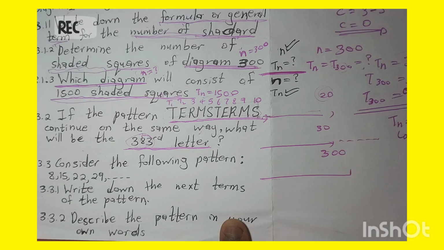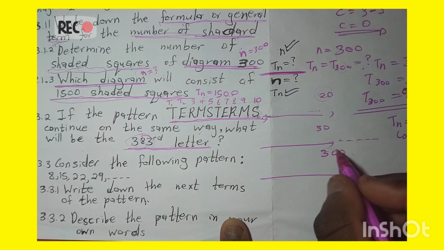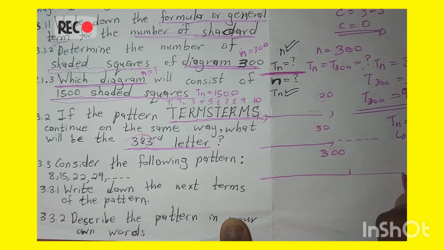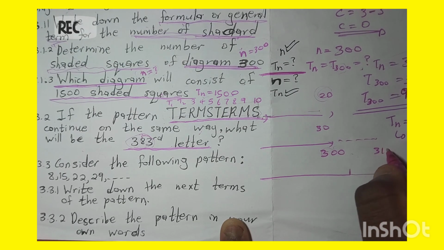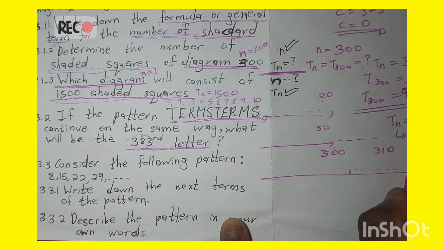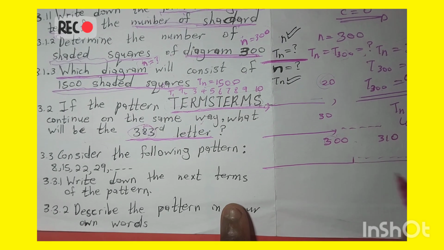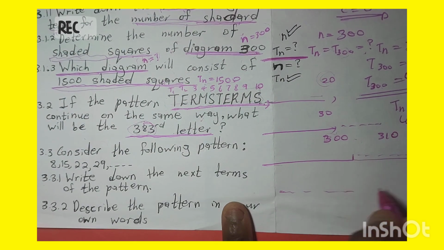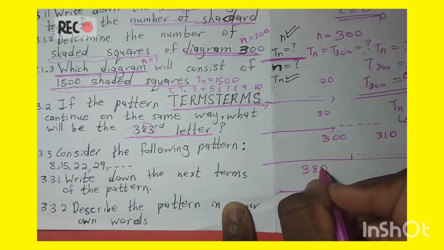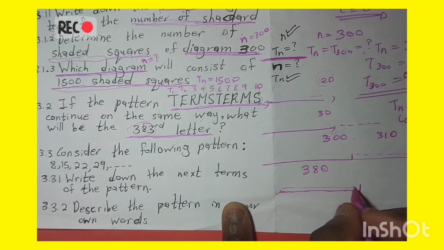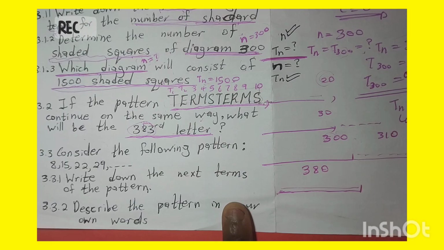Do you see, guys? And at the same time, I repeat that word from that 300, then I repeat it until I end up on 380, repeating that word there. Do you see, guys?